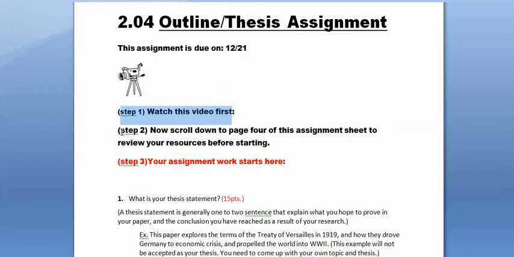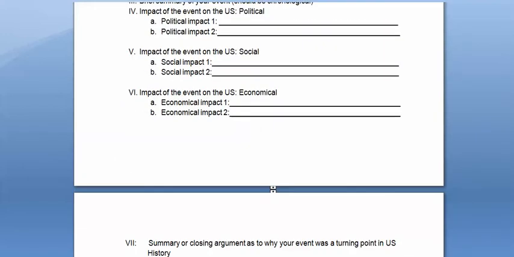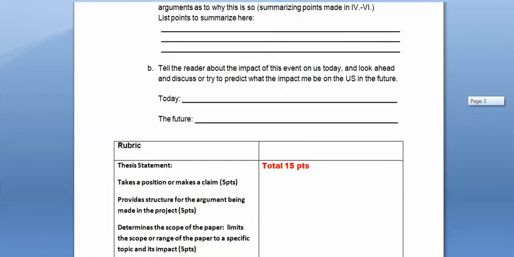The second step will be to go down to page 4 of the assignment sheet to review the resources that we have on the assignment before you start. Now I'm going to go ahead and do that together with you so you can get a sense for what is expected in the assignment and what is available to you.